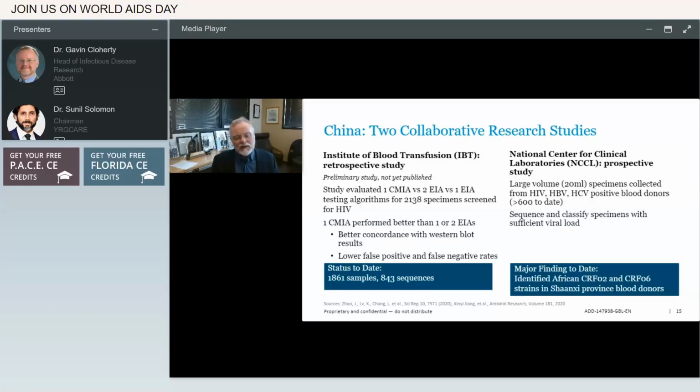And in our sequencing studies with NCCL, where we looked at large volume samples for HIV, Hep B, and Hep C positives identified through the blood transfusion service, we identified interesting African CRFs, CRF02 and 06 in the Shanxi province, which were not known to be circulating in that population.